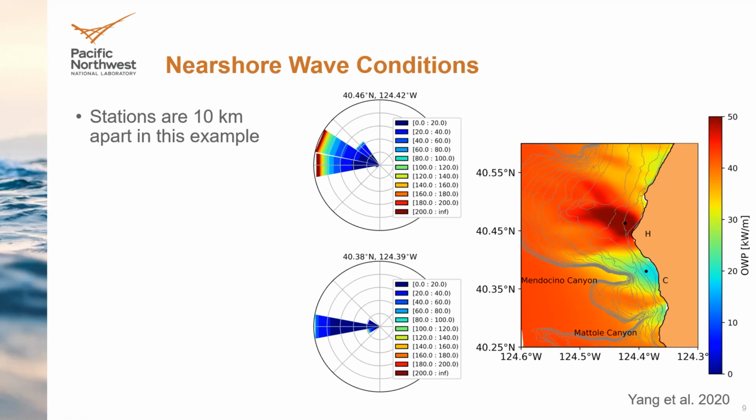Now when you look at the directions, you have waves coming from many directions at the north point, and then in the south, the canyon filters things out, and you have a dominant westerly direction. So those might be things to consider if you're looking at a smaller area. There can be big differences in your waves.